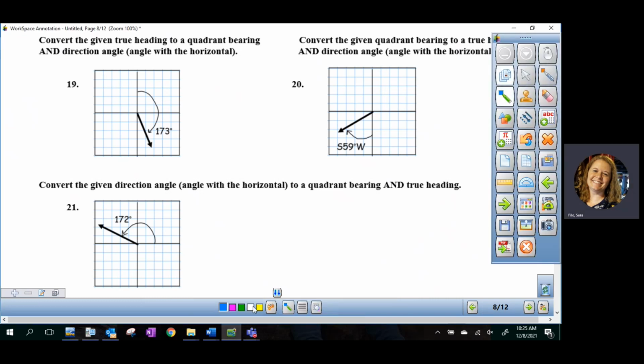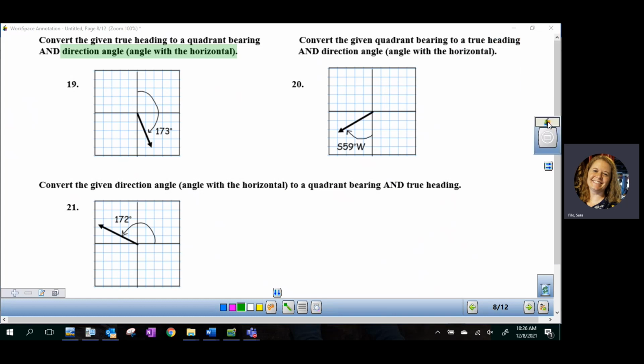Let's use green for the direction angle with the horizontal. So this is the only one that's given as a direction angle here in 21.